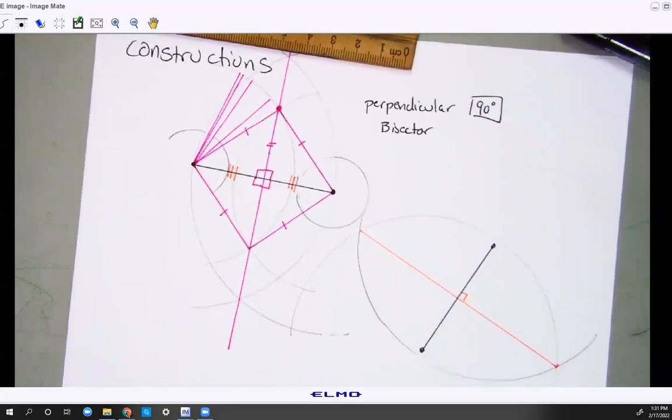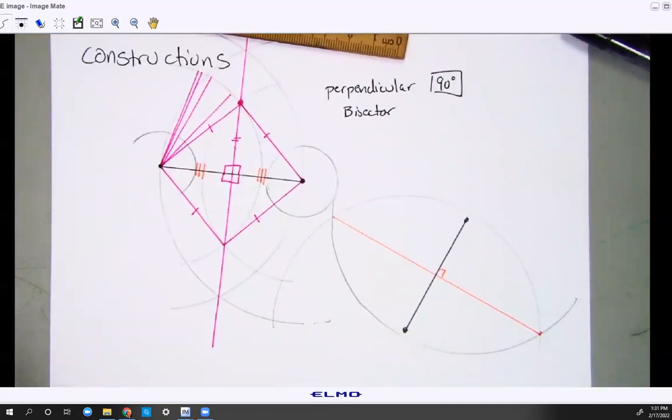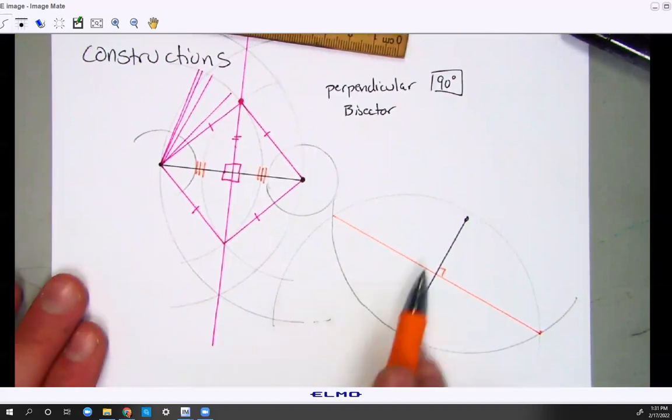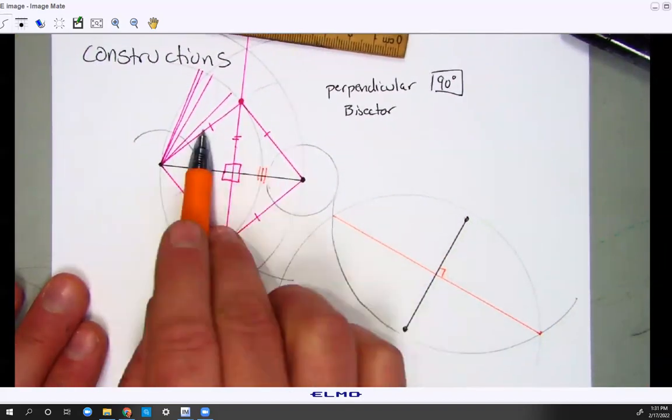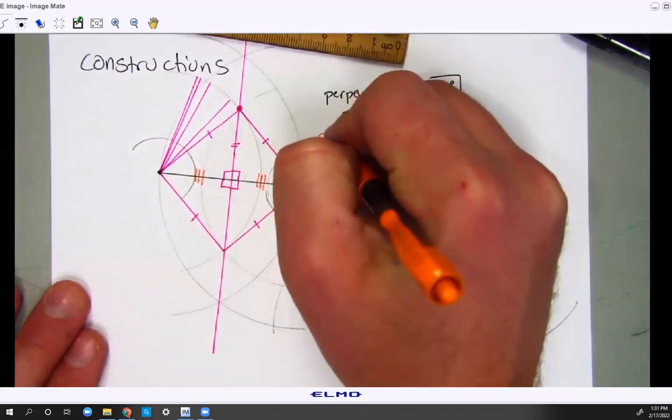And why this is such an important part of our constructions is when I connect here to here to here to here, like I did with this peak shape, you get a rhombus.